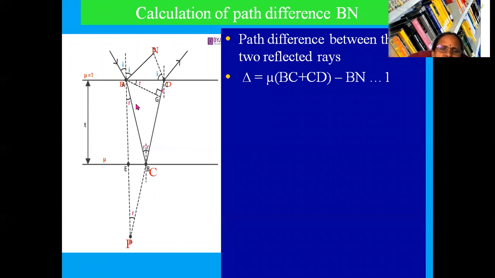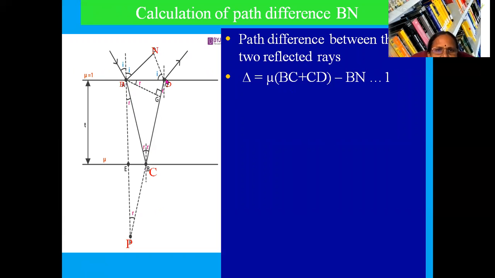Whenever light travels through a denser medium, the path traveled by the light will be equal to mu times that path. That is named as the equivalent path traveled by light in the air medium. So mu into BC plus CD minus BN.